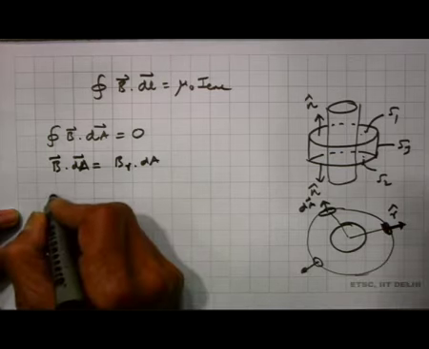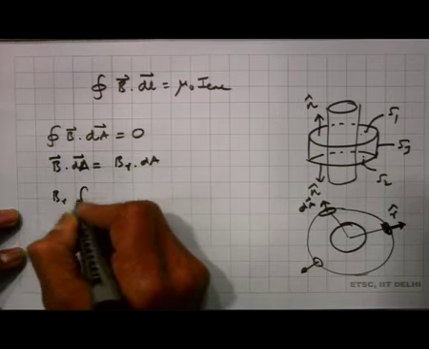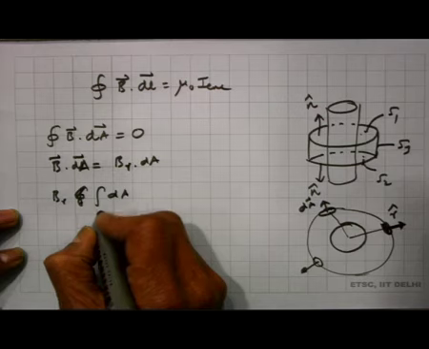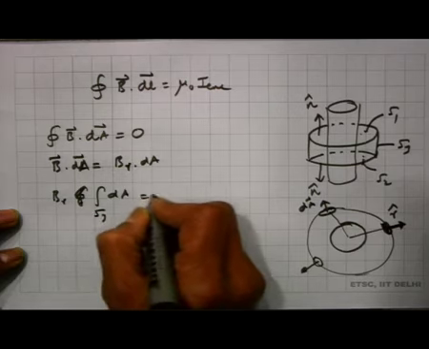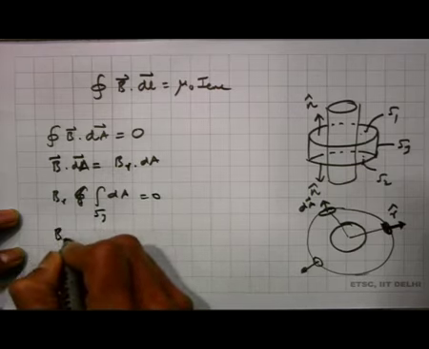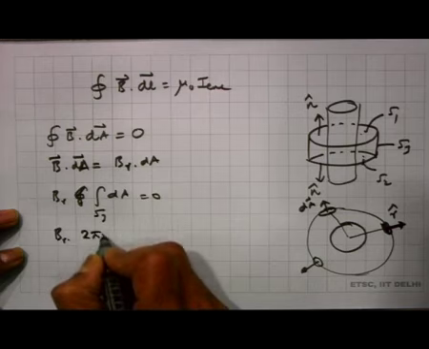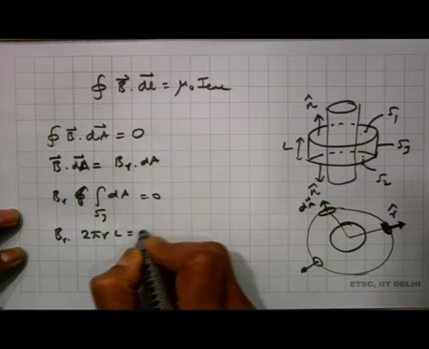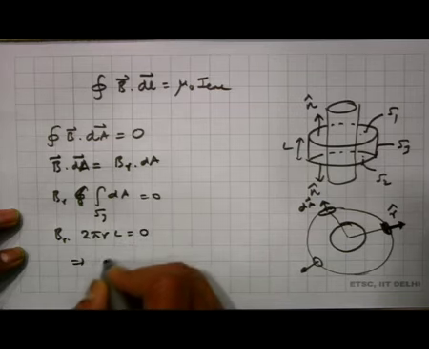So, what I will get is B_r times the integral of dA over surface S3 will be equal to 0, that is B_r into 2 pi r into the length L. This implies B_r is equal to 0.